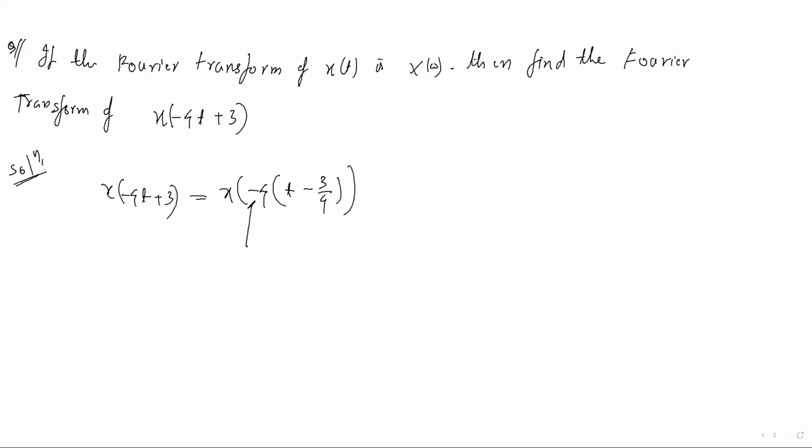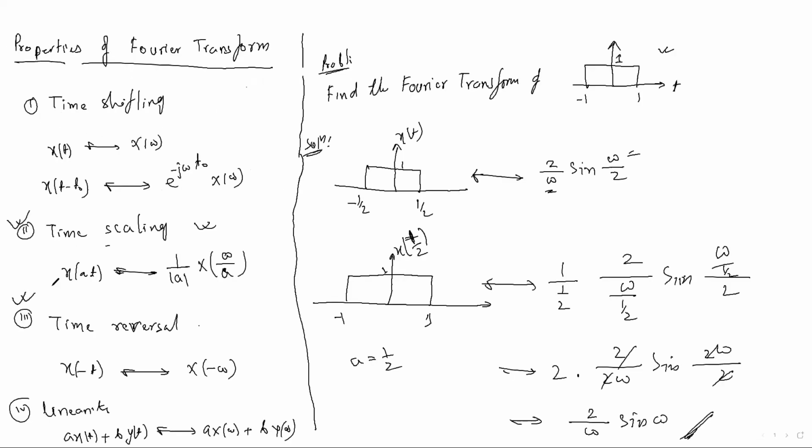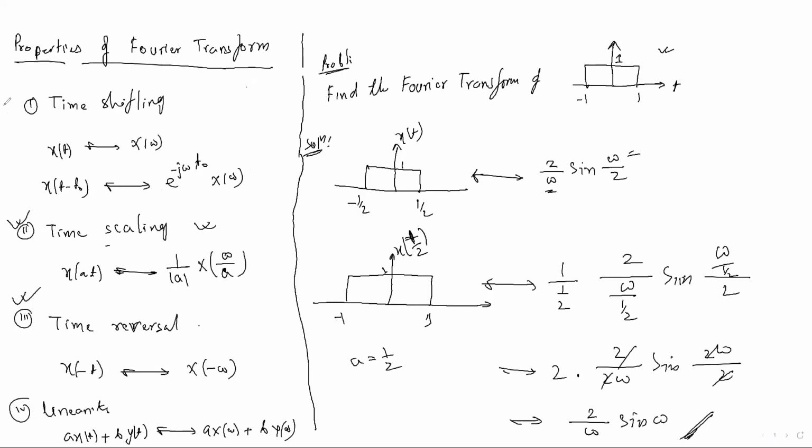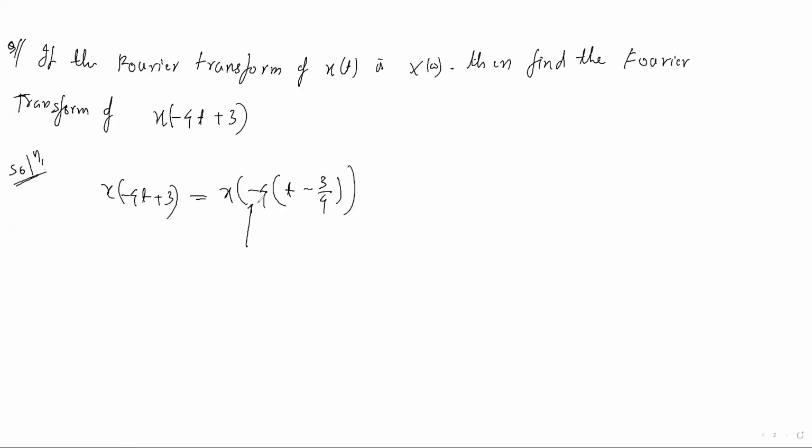So here minus is given, then you have to use the time reversal property. Then 4 is there, so you have to use the scaling property, then the time shifting property. All these three properties you have to know to solve this problem, okay. This is time reversal, 4 is there so time scaling property, and here minus 3 by 4 is given with the time factor, that is time shifting property, okay. You have to go from left to right to solve this problem, okay.